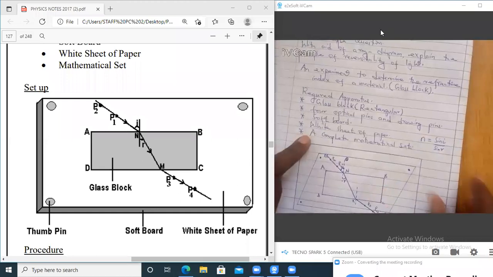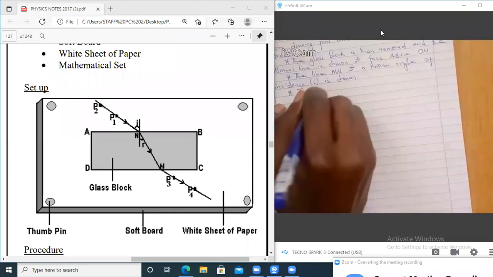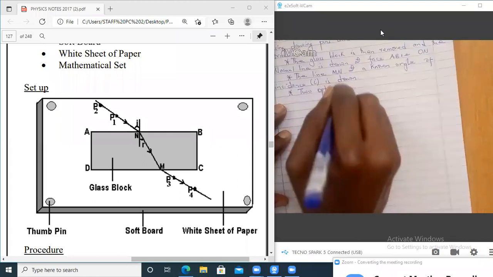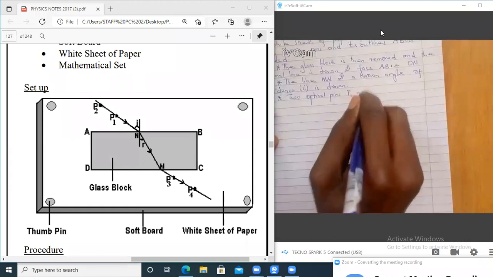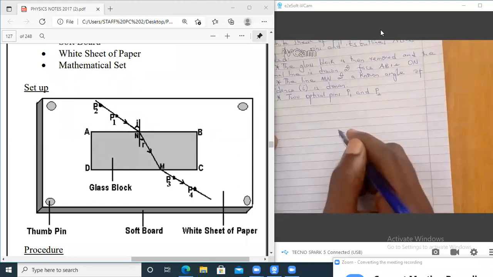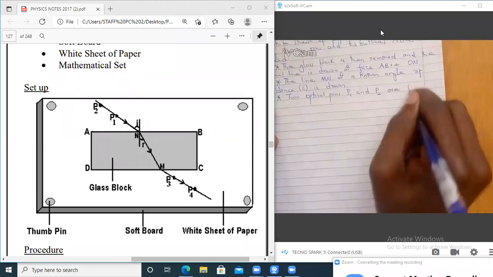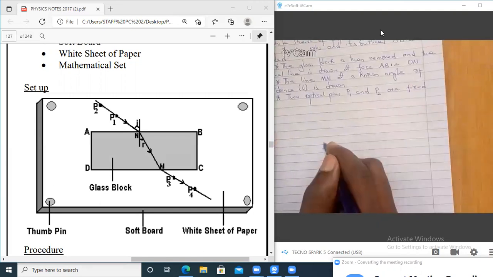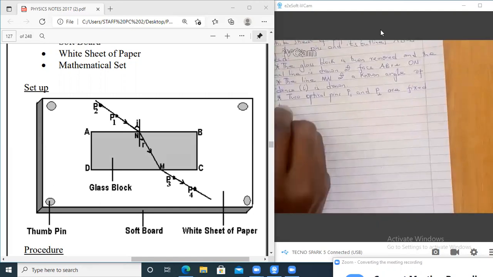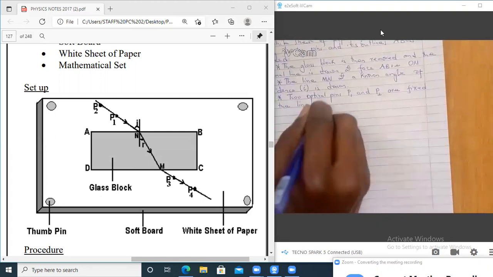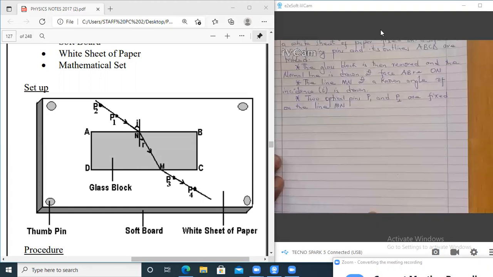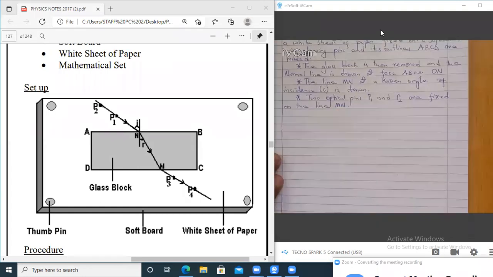So two optical pins, P1 and P2, are fixed on the line. On which line, members? Line MN. I'm trying to break it down so that it looks easier and you can follow it very well.